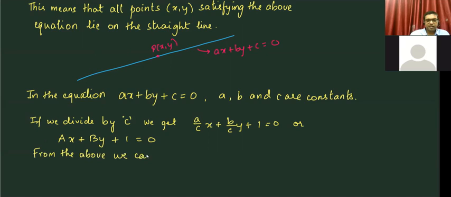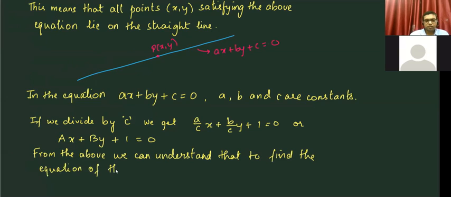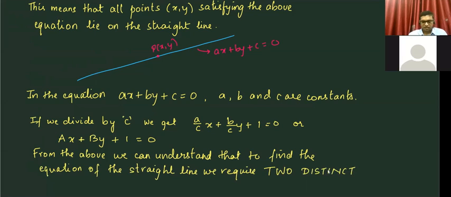we can understand that to find the equation of the straight line, we require two distinct conditions.